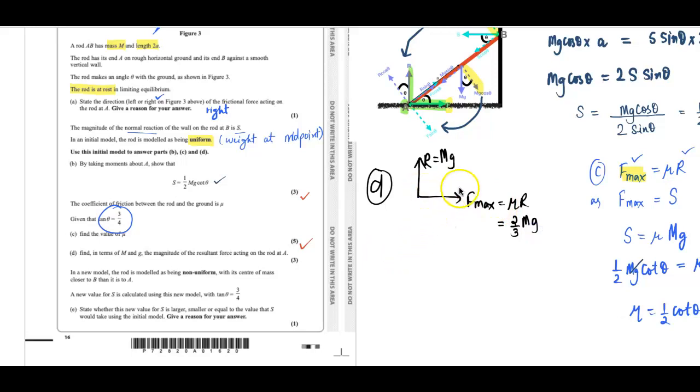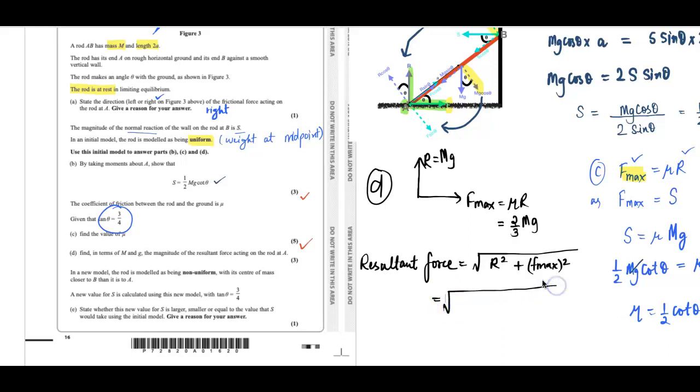So we have to find out the resultant. The resultant force will be the square root of R squared plus F max squared. Correct? Now R is Mg. Let's substitute the values.